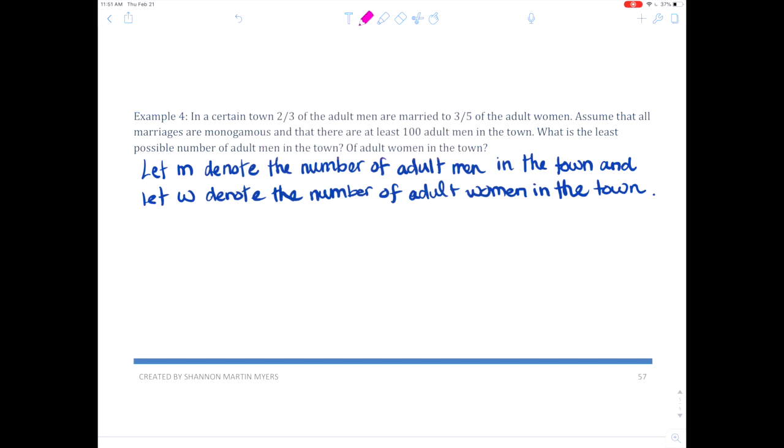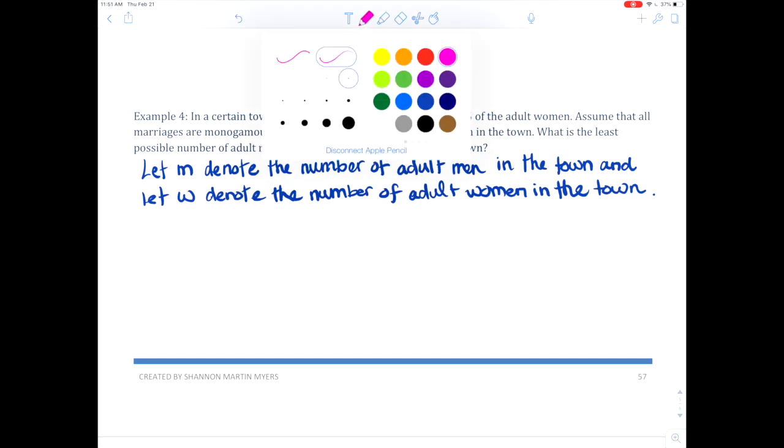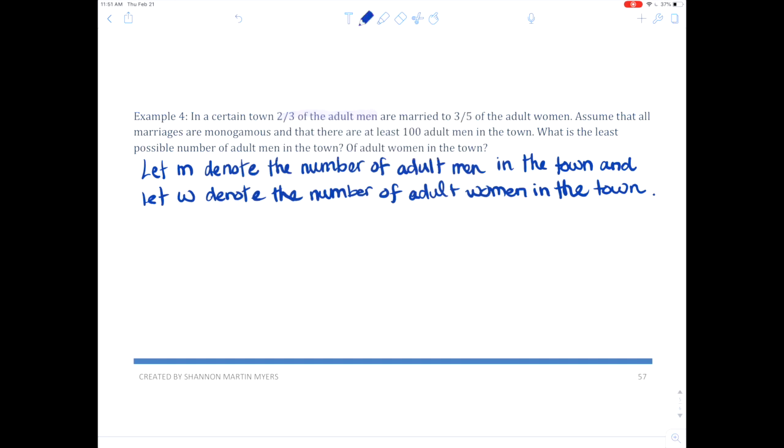We know that 2/3 of all the men, right? So how can I represent that quantity? 2/3 of all the adult men can be represented as 2/3 M. Okay.